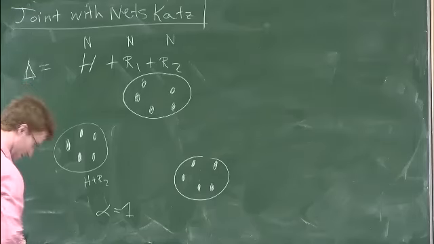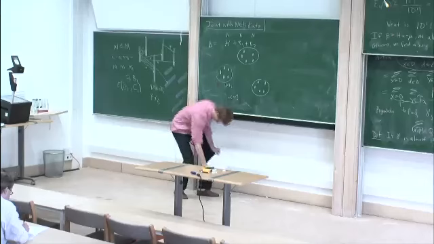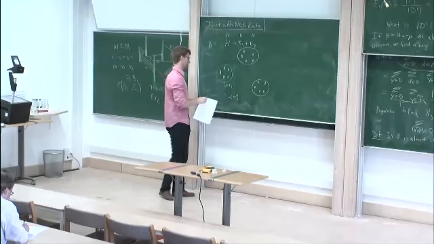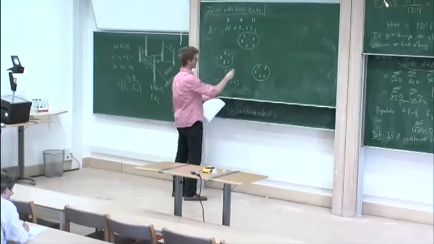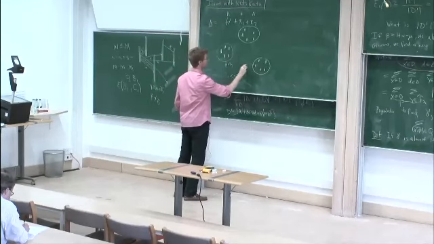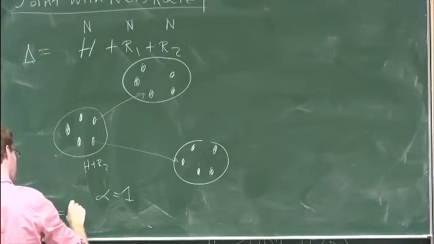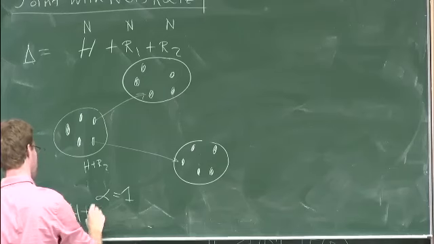And the different set would be the different set that takes this block to this block and this block to this block. So the different set is equal to H plus R1.